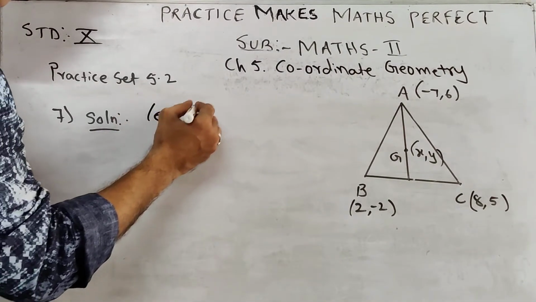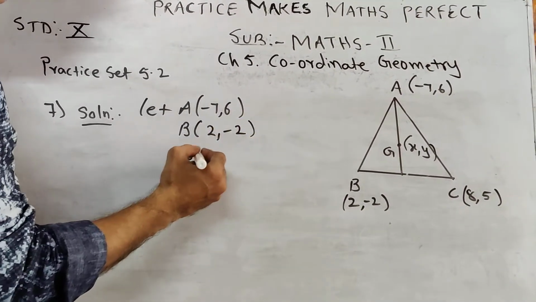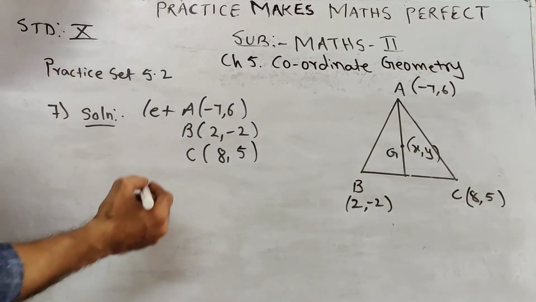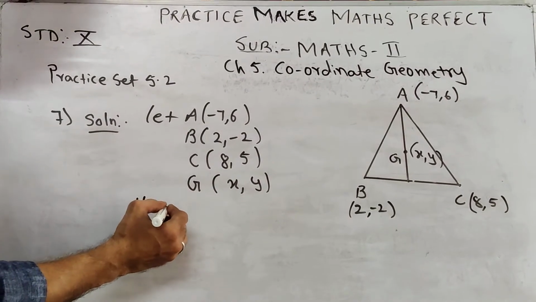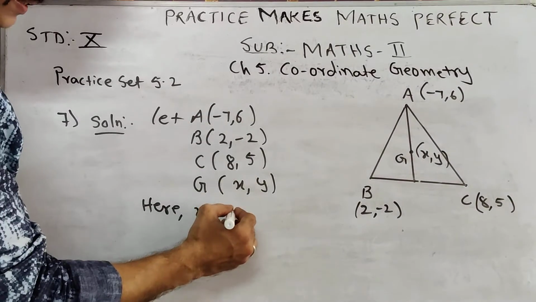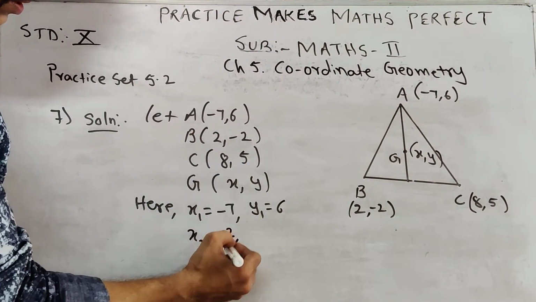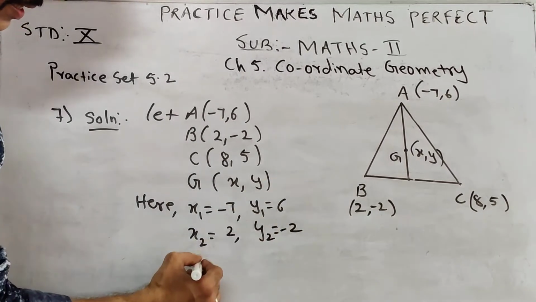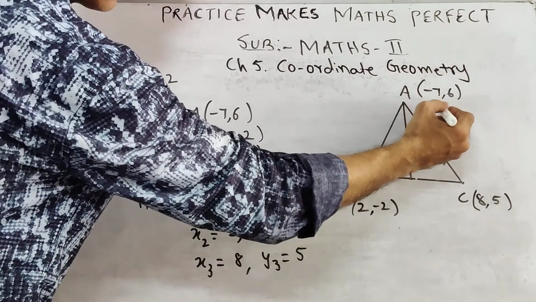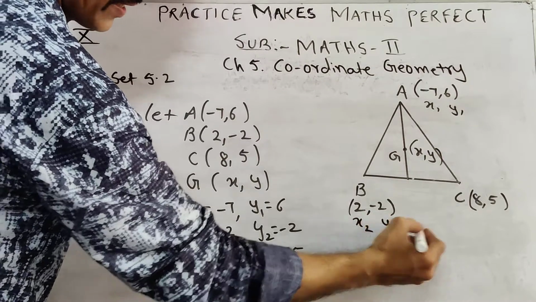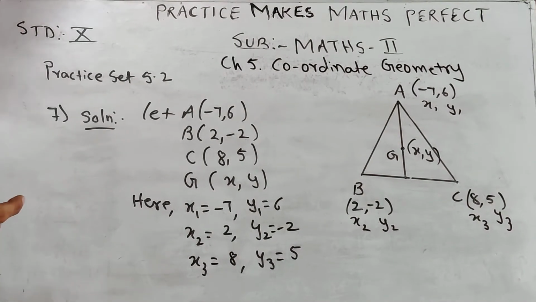First of all we will assume let A be (-7, 6), B be (2, -2), and C be (8, 5), and your G, which is the centroid, will be (x, y). So x1 is -7, y1 is 6, x2 is 2, y2 is -2, x3 is 8, and y3 is 5. Now you have to find the centroid.